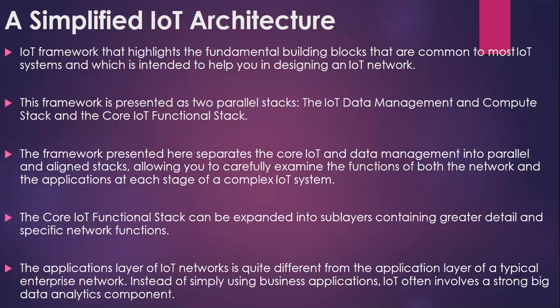The application layer of an IoT network is quite different from the application layer of a typical enterprise network. Instead of simply using business applications, IoT often involves a strong big data analytics component. In the architectures we discussed previously, the application layer involved only some computation regarding the business application, like some decision we need to take.